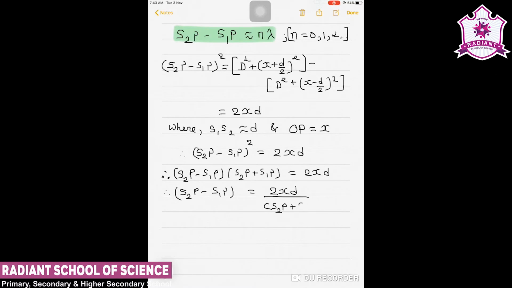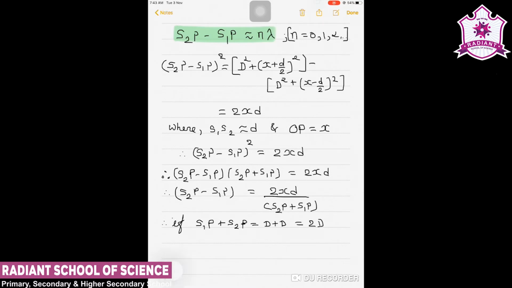Now if we make S2P minus S1P the subject, it is 2xd over S2P plus S1P. If S1P is almost equal to S2P, that is, they are very near to each other, then S1P plus S2P can be considered as D plus D, that is 2D.